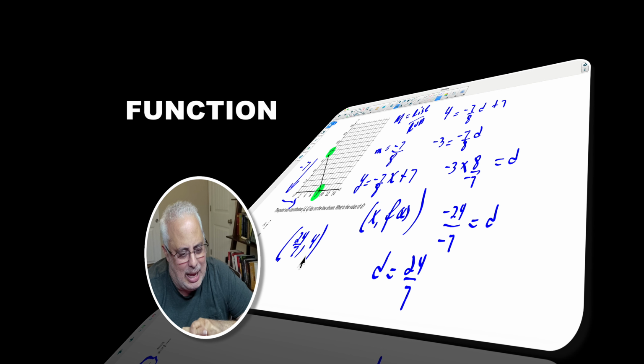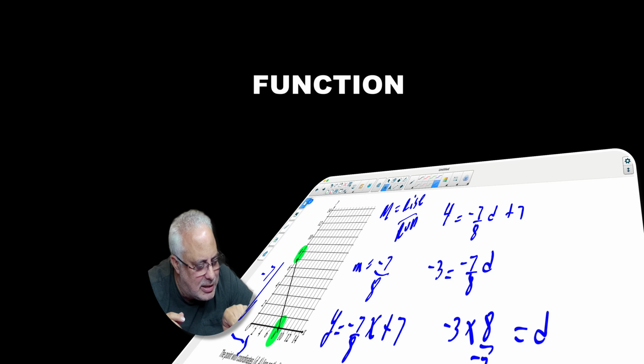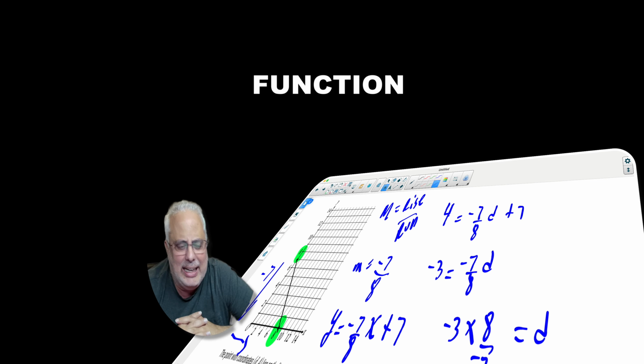So what is misleading? Okay, let me see, because I see the graph. Let me see the y is 4. Let me see what is the intersection with the x over the line, and it's not exact. That's a waste of time. So you're not playing at a professional level.